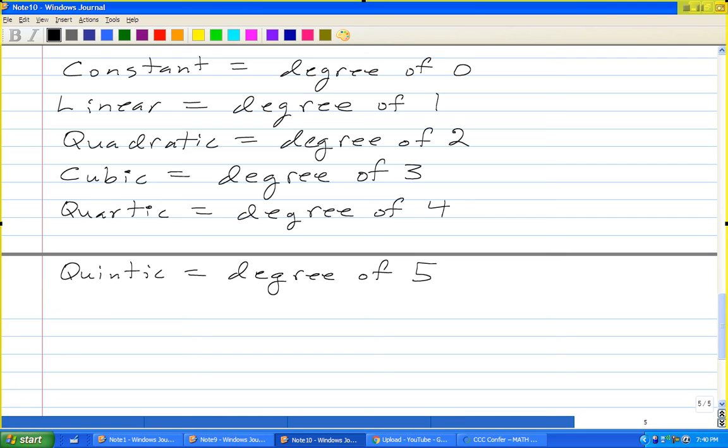Next, the leading order coefficient, usually denoted by LOC. This is the leading order coefficient.